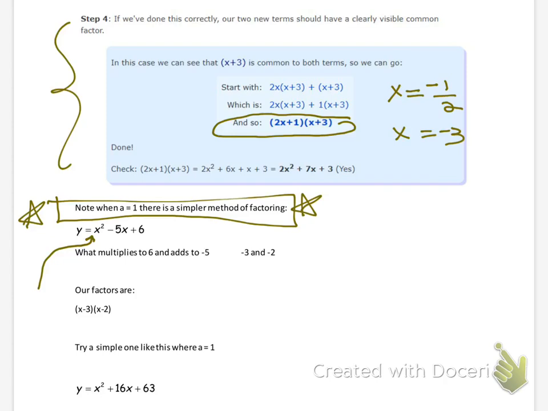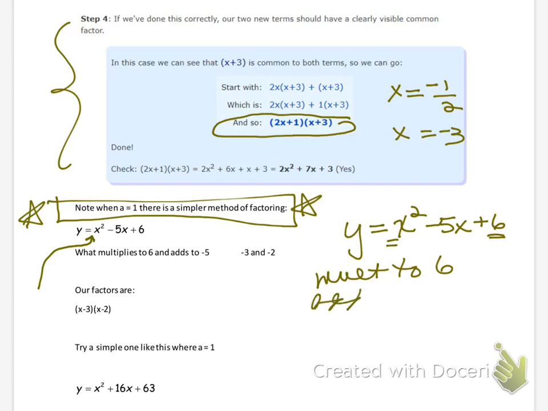So this is what we do. Okay, here I say, all right, I see that my leading coefficient is 1. So I'm still going to say to myself, what multiplies to 6 times 1, which is 6, and adds to a negative 5. Okay, so multiplies to 6 and adds to a negative 5.